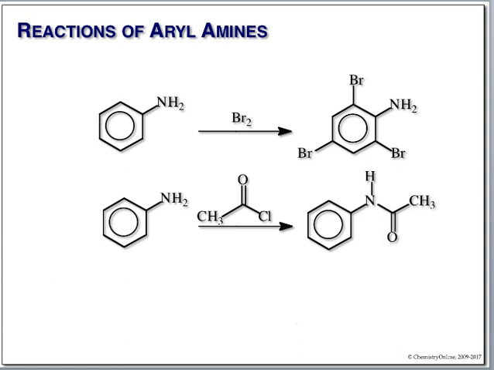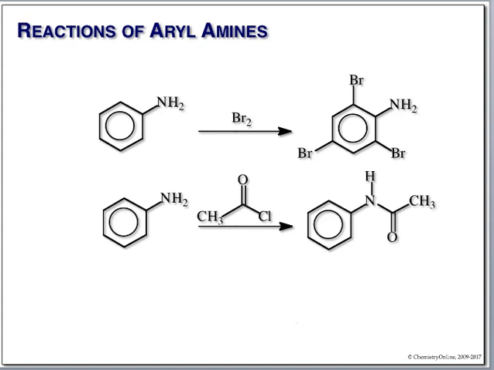Now, this group is also ortho-para directing, but it's got the carbonyl here that's also pulling on the electrons. So because of that, it is ortho-para directing, but it's not nuts about it the way aniline is by itself.